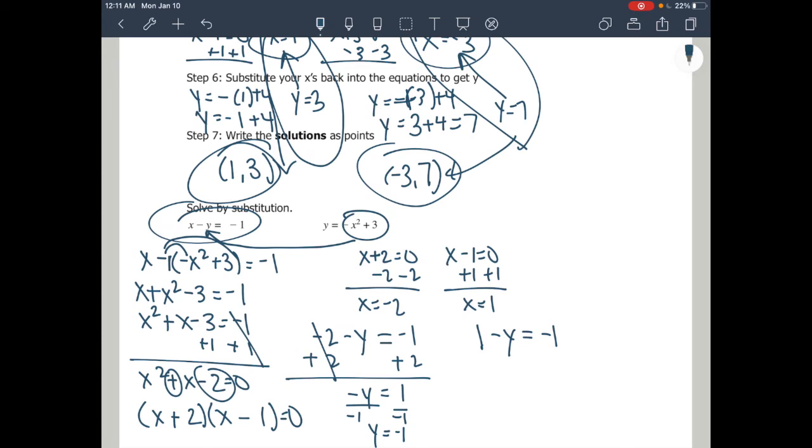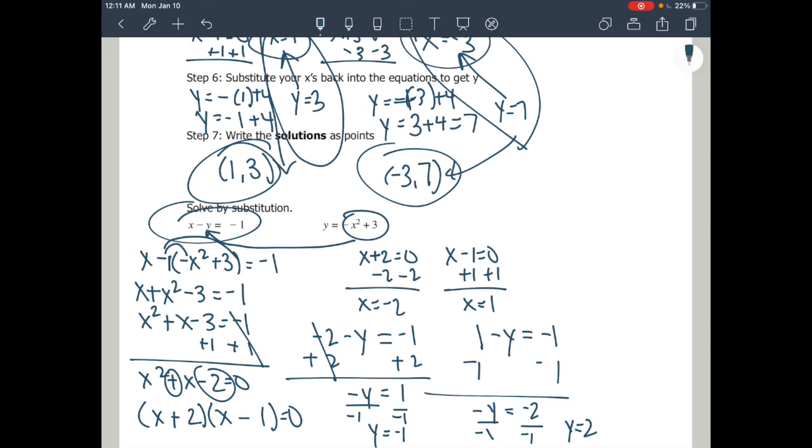I just want to make sure I got that right. Yep. And then in the other one, we're going to minus 1 on both sides. So negative y equals negative 2, and then divide both sides by negative 1. So y is 2.